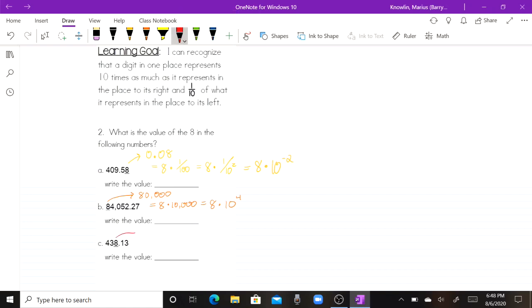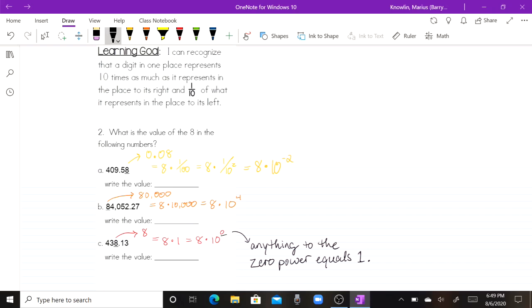Okay. Let's take a look at C, the last one. C has the 8 in the ones place, so that would just represent 8, which I could write as 8 times 1, or I could write as 8 times 10 to the 0 power, because remember, anything to the 0 power equals 1.